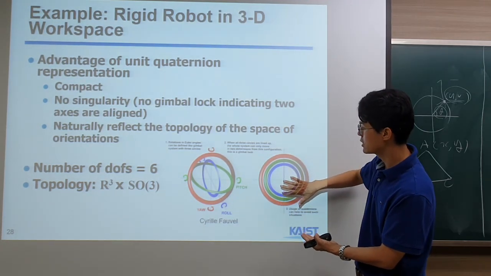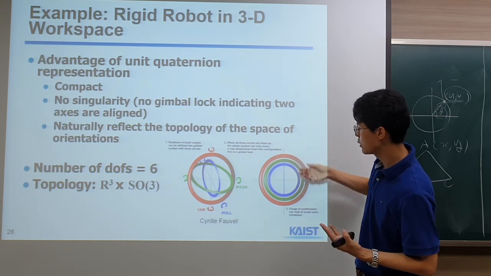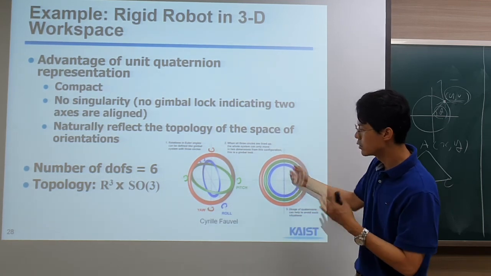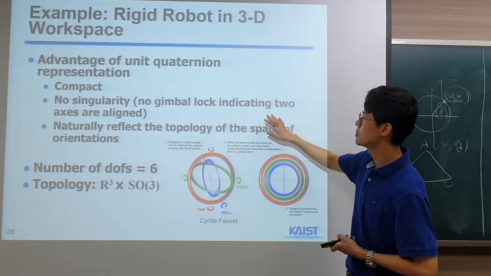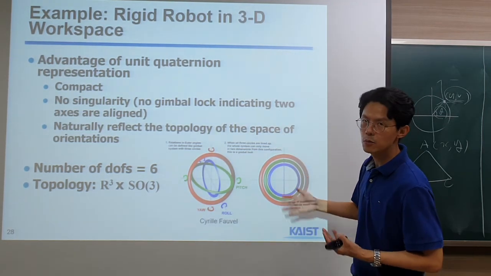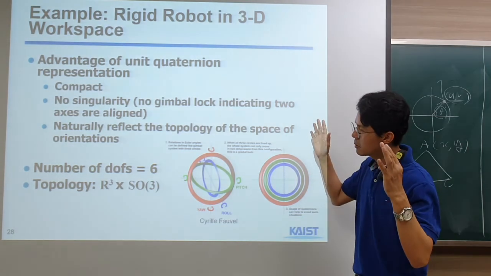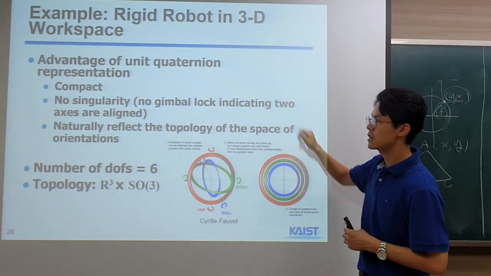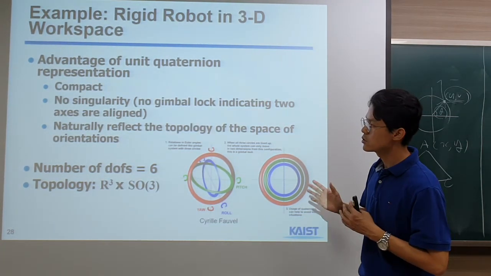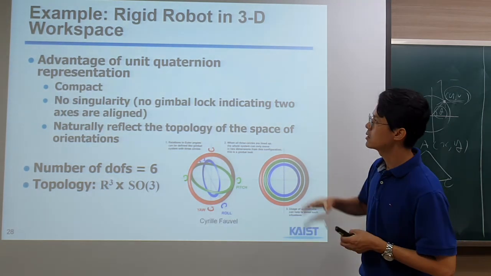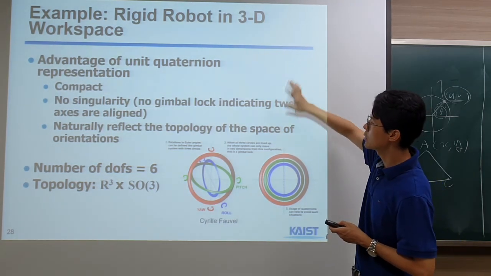Then we can only rotate in that direction or that direction, and we are losing one freedom. So the gimbal lock indicates 2 axes aligned, and we are losing a certain freedom, so somehow we cannot represent it. That's actually a singularity issue, and because of that there could be some error. But if you are using the quaternion, we don't have that problem.